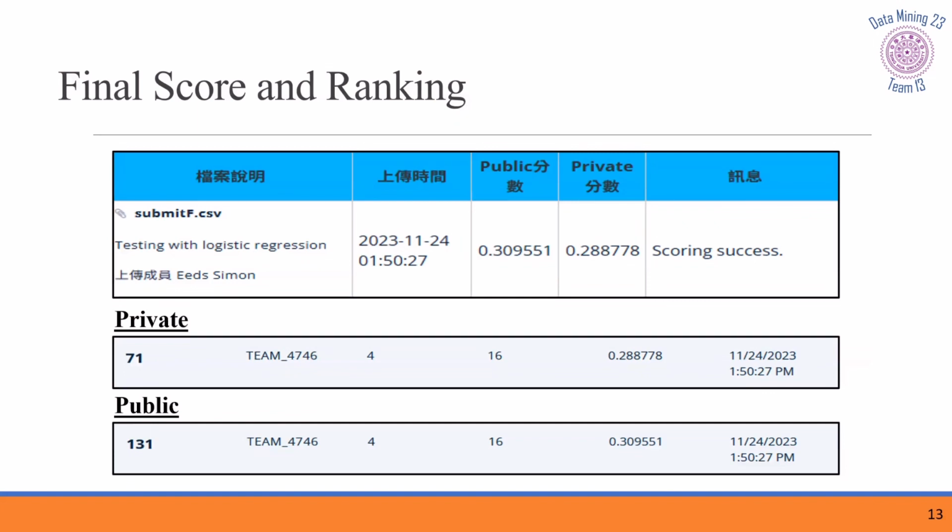And our final score for our private is 0.29, which is 29%, ranking at 71, and we ranked at 131 for public with 31%. Okay, and now we'll move on to the next one.